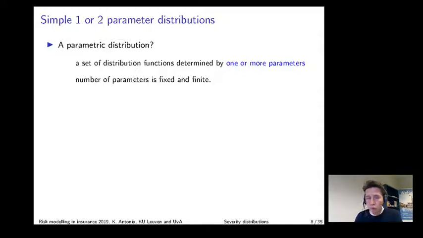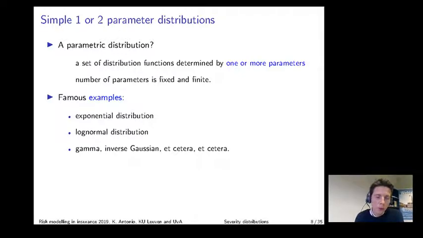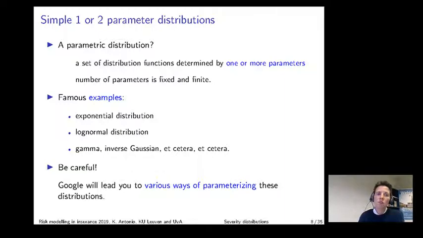Well-known and useful examples in our setting are the exponential, the log normal distribution, the gamma, the inverse Gaussian, etc. Keep in mind that typically multiple parameterizations of these distributions are around, and you should review carefully which specification, which parameterization you want to use when, for instance, calibrating your model to data.